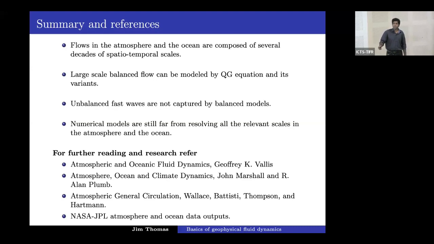If you go by the rate at which computing power is growing, they say by 2100 or so we'll get to a reasonable computing setup where we can resolve 7-8 spatial decades. So we're still far from resolving all the spatial scales. You can find more details in these references. I've taken most of the material from textbooks and videos from NASA JPL websites.